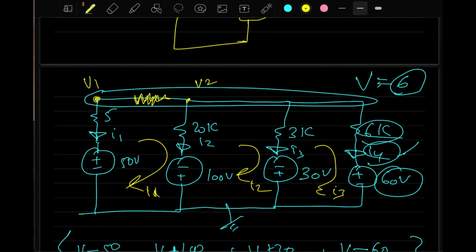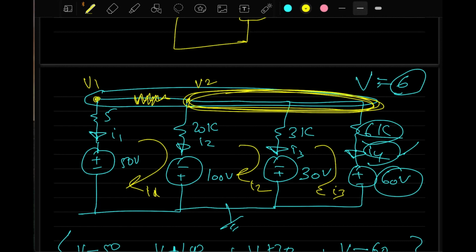Only if it's a short will it have the same potential everywhere; if it's a short, the voltage will be the same throughout. But if something is there in between, you cannot assume that voltages will be the same. It will be different.